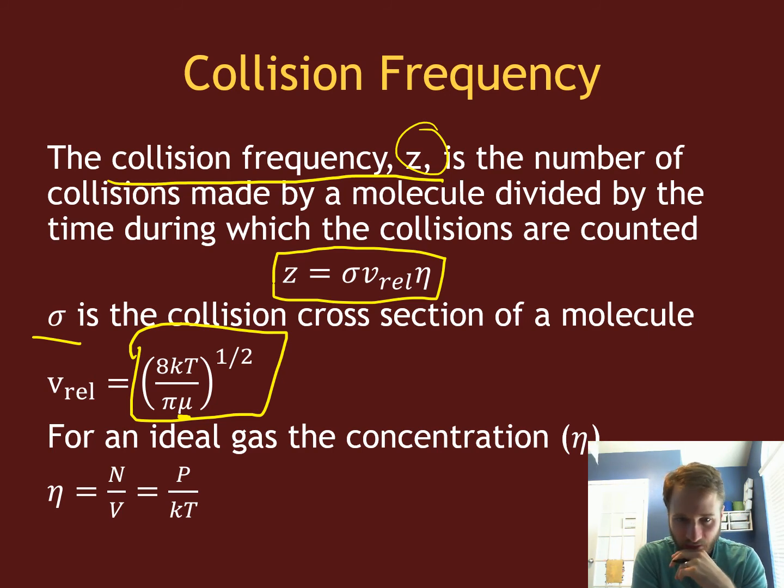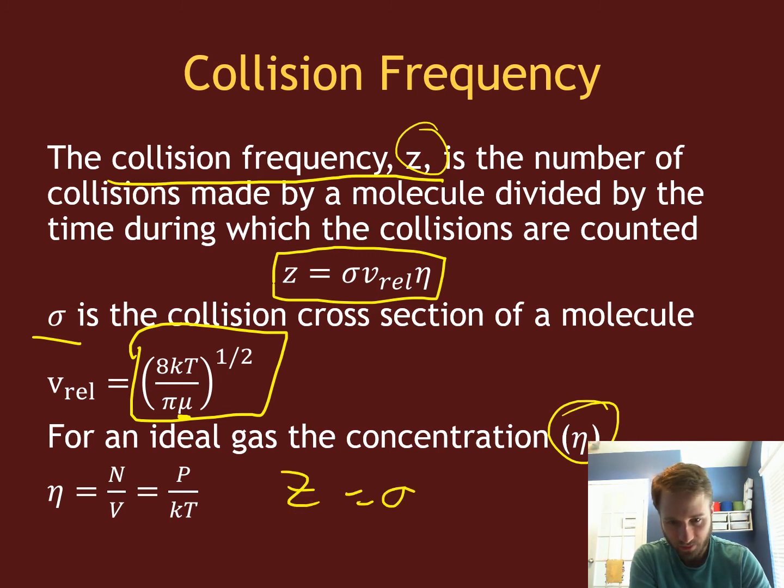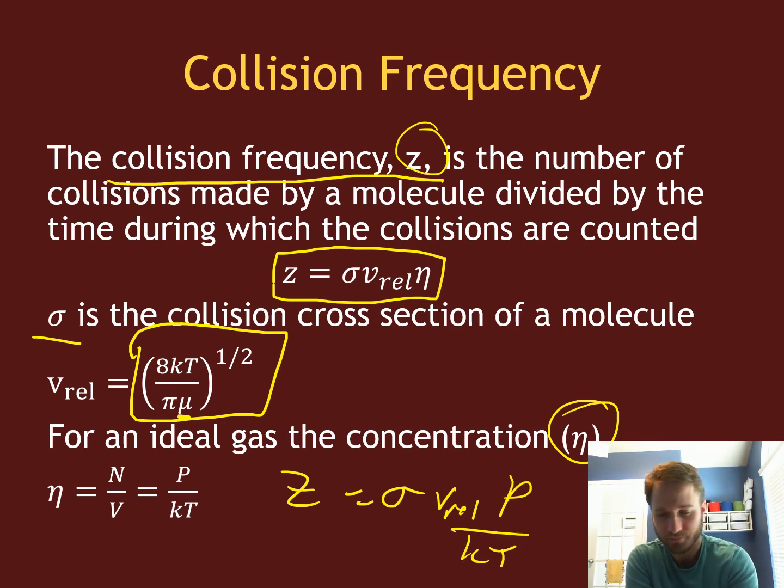And then this eta symbol, N here, for an ideal gas is just related to its concentration, number of moles over volume, which is also related to the pressure divided by kT. So Z here can also be written as sigma times V relative times pressure over kT.